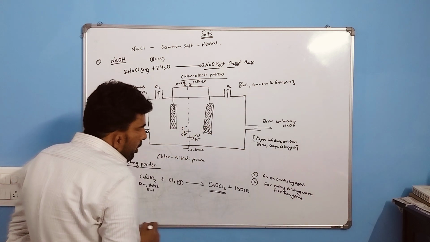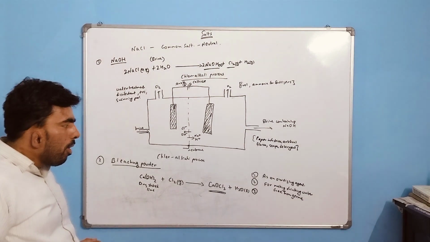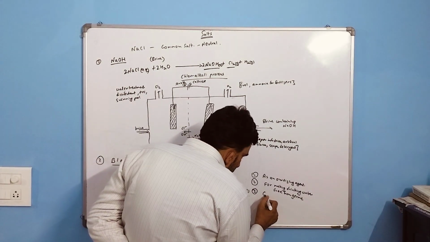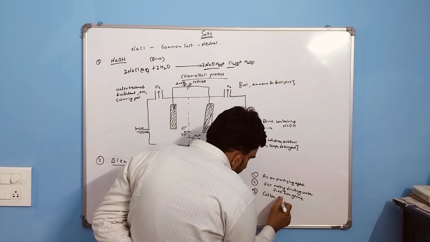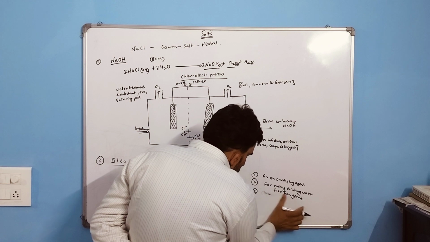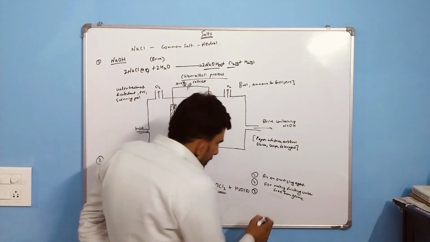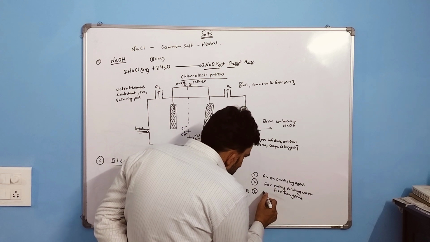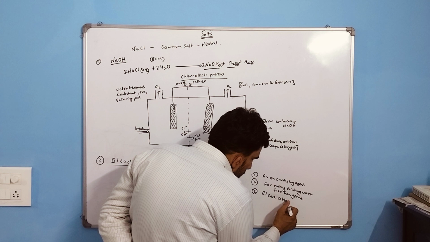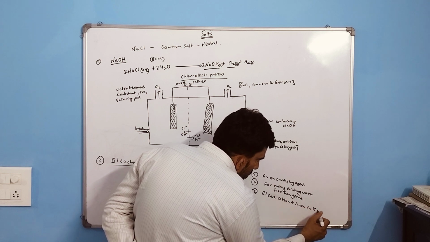And the third one is it is used to bleach cotton. I will write it in full so that you are able to understand. It is used to bleach cotton and linen in the textile industry.